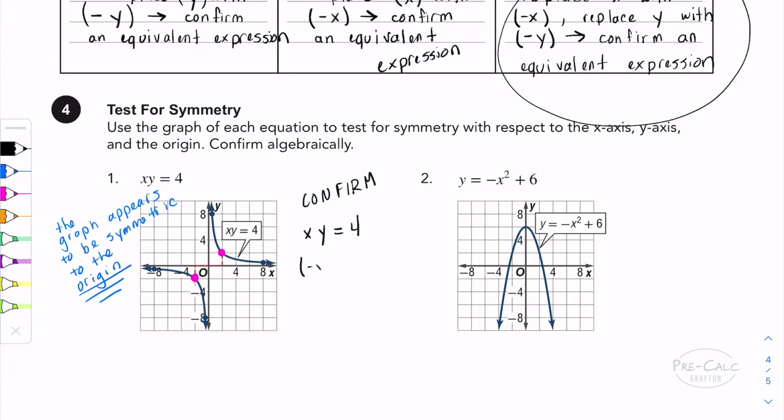Replace x with the negative x, y with negative y. This is equal to 4. Simplify this as much as possible. Multiplying two negative numbers is going to come out to a positive, so there's no need to write those negative signs, which is just x times y equals 4. Therefore, these are the same. Our starting point and our ending point are the same. This is symmetric to the origin.